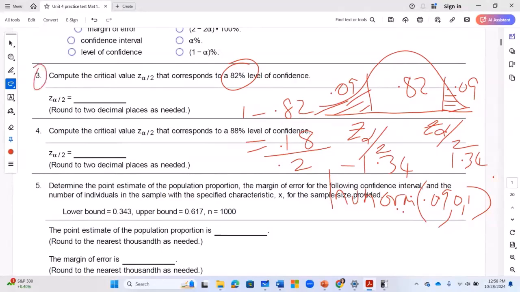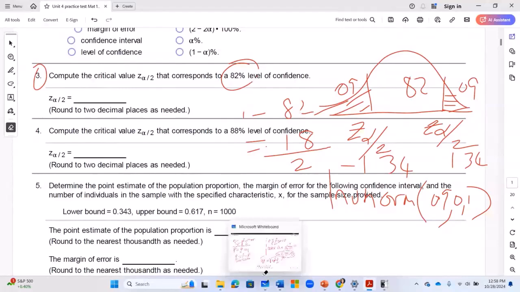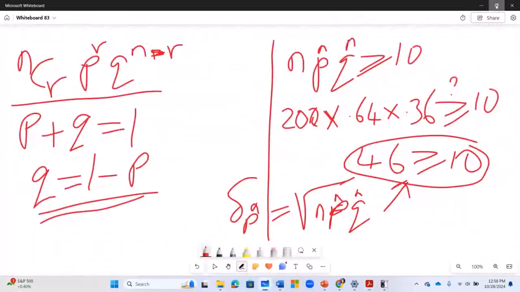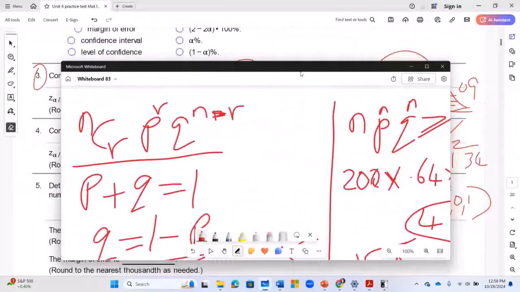Let's do number 4. What is the critical value for? So I'm going to clear. I'm going to pull my whiteboard so that it can do a better job, and then I'm going to minimize it. Okay, all right.